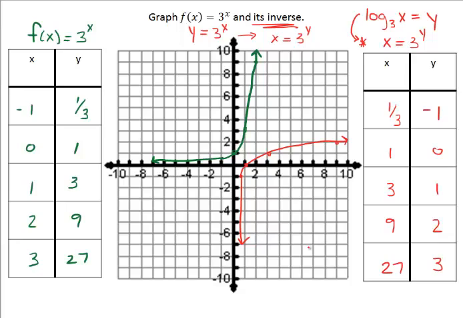So let's take a look at a couple properties of each of these. If we look at what the domain is of our initial function, our exponential function, recall that our domain of any exponential function that we've taken a look at in general is -infinity to infinity. You can plug in any x value. But if I take a look at my log function, my domain now is only from 0 to infinity.